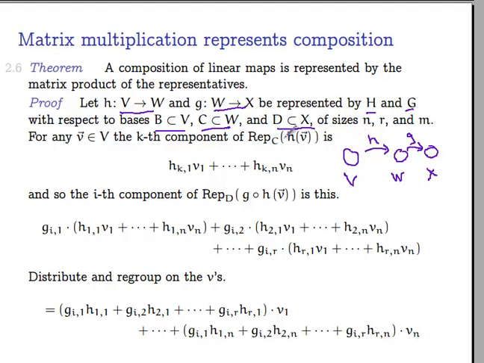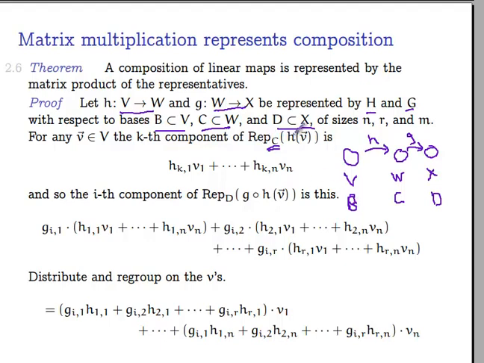Now, for any vector v in the original domain, the kth component of its representative with respect to, here, let me put the bases under here. B is here, C is here, D is here.